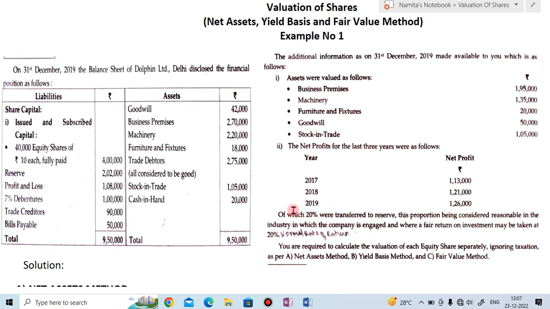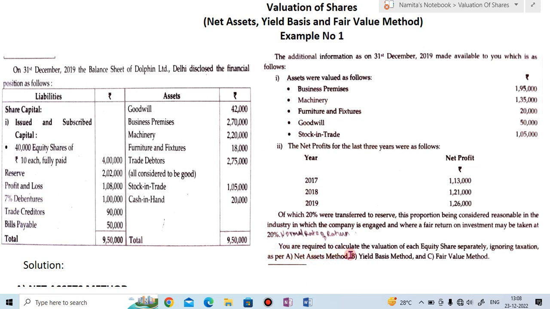Of this net profit, 20% was transferred to reserve. This portion is considered reasonable in the industry in which the company is engaged, and where a fair return means normal rate of return on investment, it may be taken at 20%. So the normal rate of return is how much? 20%.